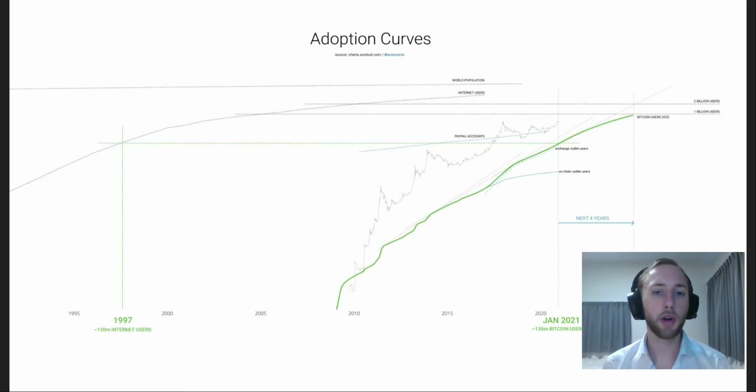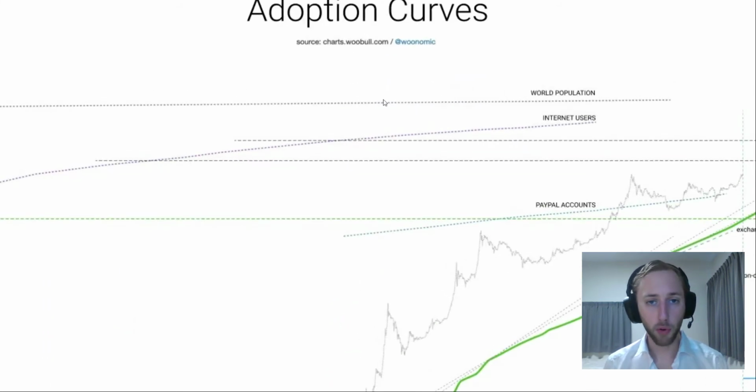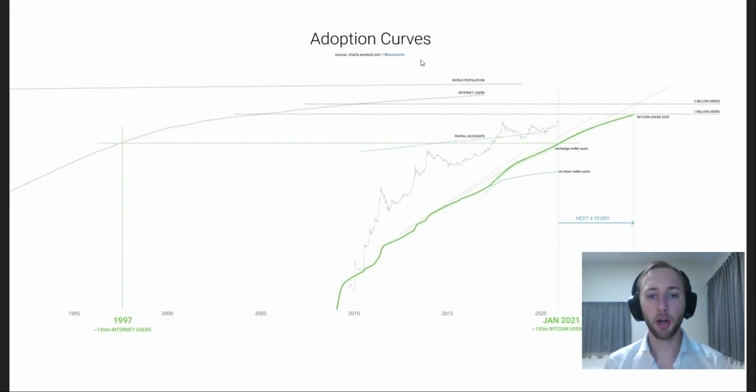Now, the thing I was talking about earlier is the internet. The chart here I want to demonstrate to you guys is made possible by Willy Woo. I know his name is kind of silly, but his charts are amazing. It's on adoption curves, and you can see three main sources of information on this chart.